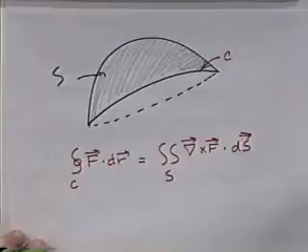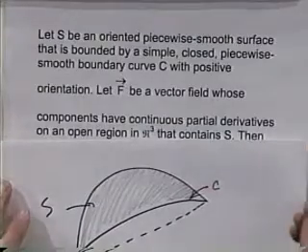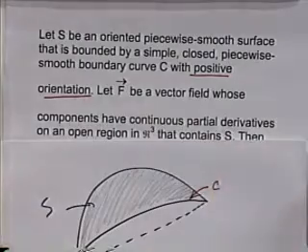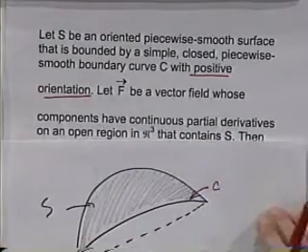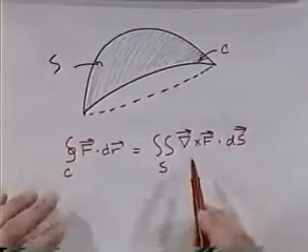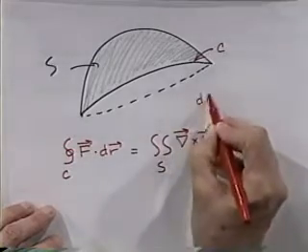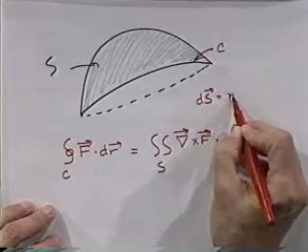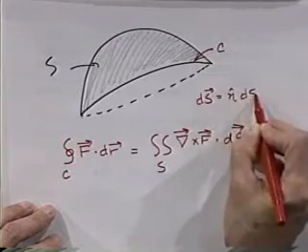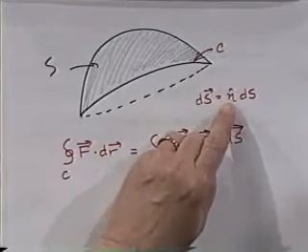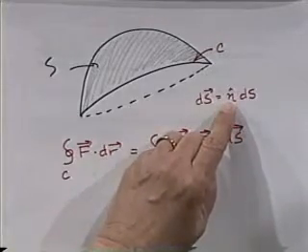The only thing you have to be careful about is that the curve has to have positive orientation. What are we talking about with positive orientation? Remember, when you do this surface integral, what we did last time, dS was equal to a unit normal times dS, where dS is your little surface area, but n was a little unit normal that was perpendicular to the surface.